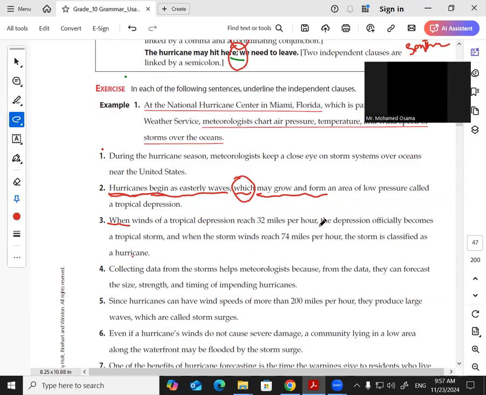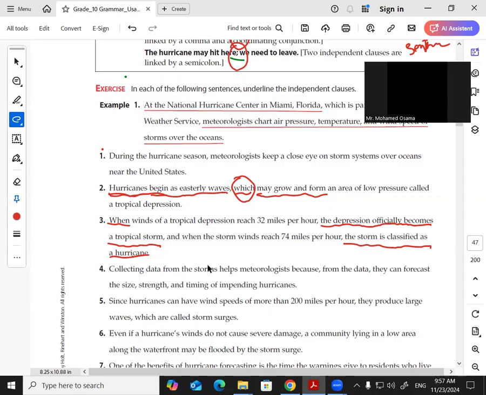The complete thought is the depression officially becomes a tropical storm. And also I have another one here, which is the storm is classified as a hurricane.